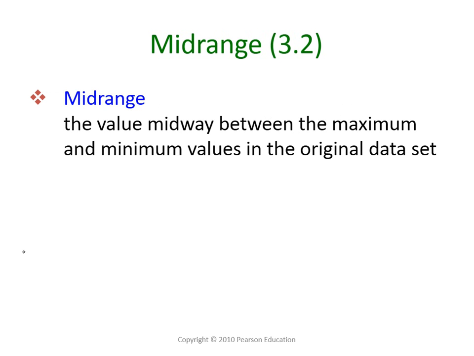The mid-range is hardly ever used, but the mid-range is the value midway between the maximum and minimum values in the original data set. So for our example, the mid-range would be the value between our maximum of 3 and our minimum of 0.